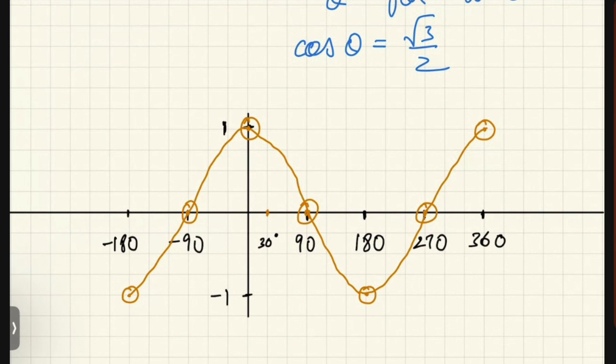Root 3 by 2, if you use your calculator, will be 0.86. So let's say this is the value. Now this is 0.75, right? So 0.86 will be a little bit more than that, maybe approximately in the middle. This is the value.